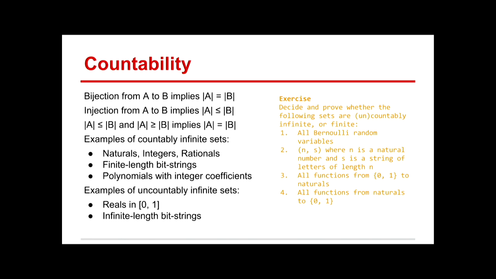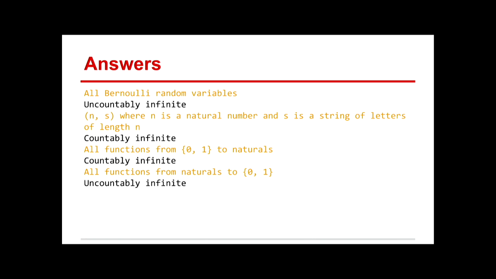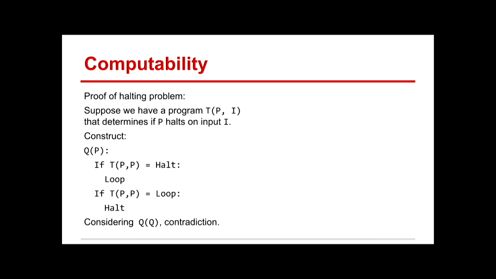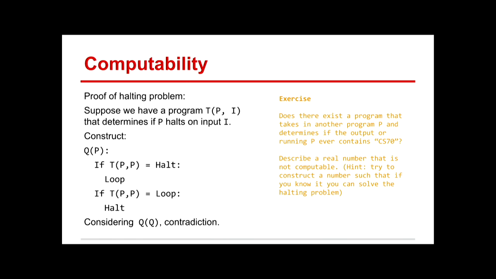So finally, we come to the halting problem and computability. Okay, I can give you the proof of the halting problem. You can take a look at it here. But actually, the questions that I'm going to give you don't really require understanding the proof of the halting problem. For these two questions, try to use the fact that if you can construct a program that solves the halting problem, which is uncomputable, then you get a contradiction.